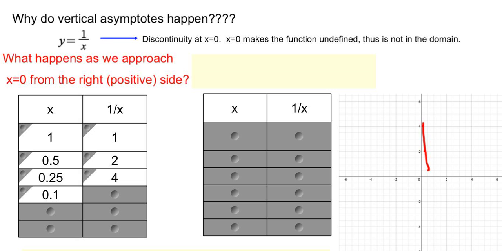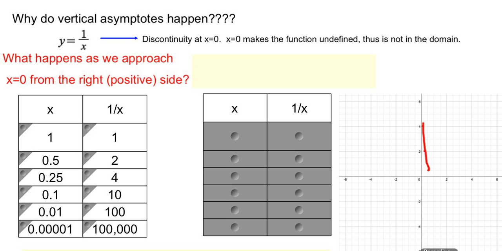It's discontinuous at that point. So at 0.1, we would have the y value of 10, which is off of our graph. At 0.01, we are at 100. At 0.00001, it's at 100,000. So you can see it's getting really, really high as we get closer to x equals 0 from the positive side.